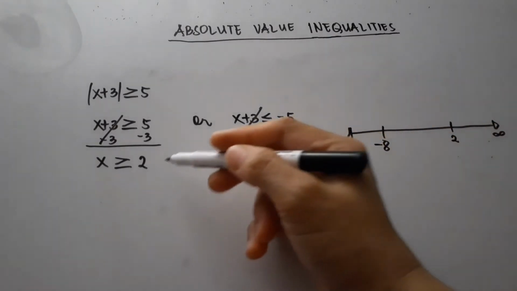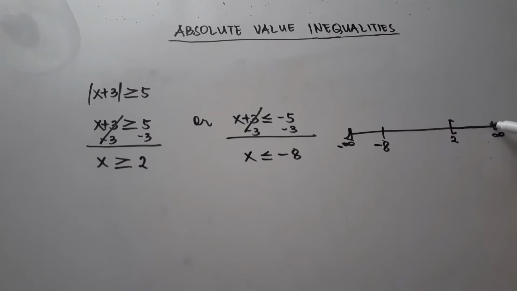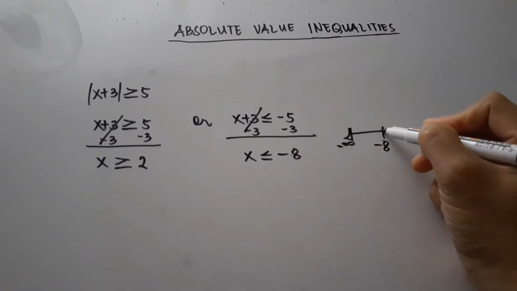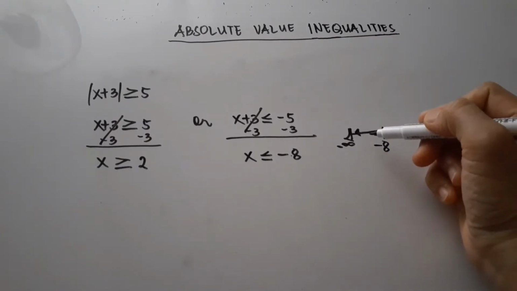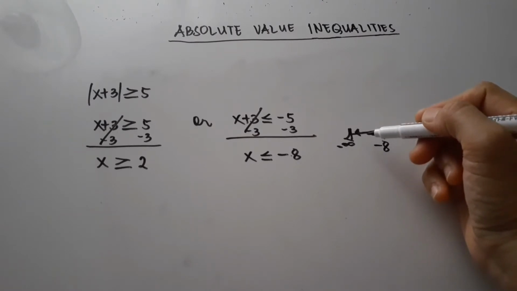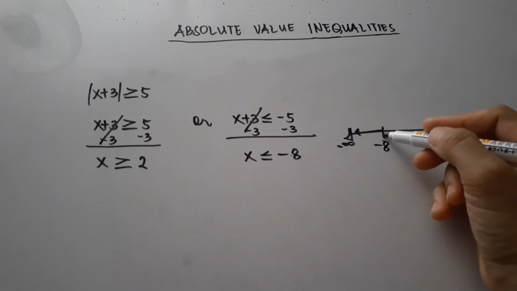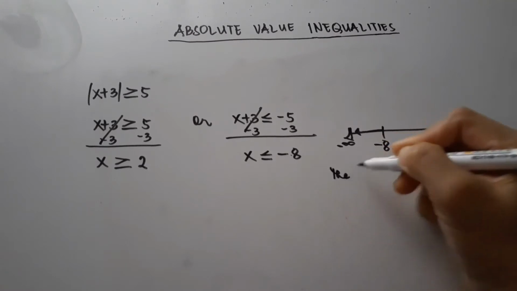For greater than or equal to, we use a closed interval going to the right, and 2 is included in the solution set. Negative 8 is also a closed interval, and its direction is going to the left.